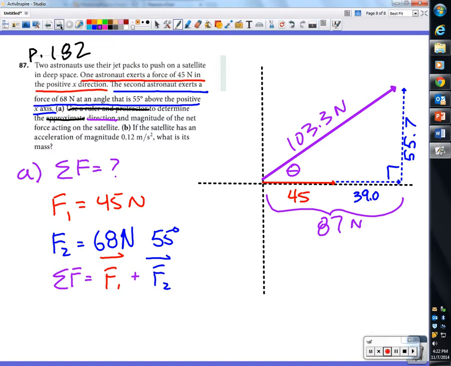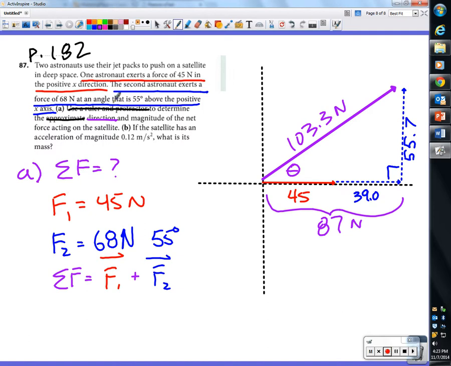Not what I wanted to do. Oh well. All right, it says, if the satellite has an acceleration of magnitude 0.12 meters per second squared, what is its mass?